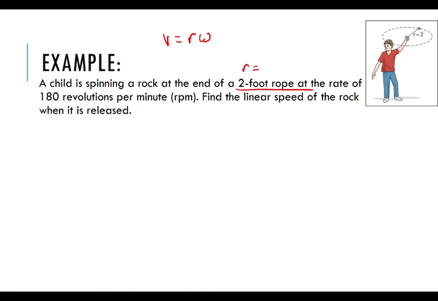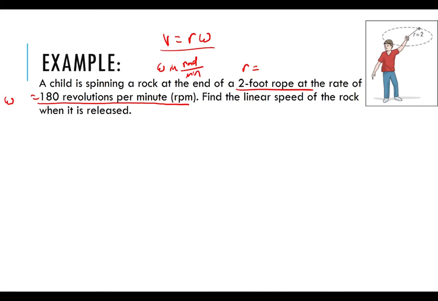That's our radius. We have 180 revolutions per minute, which is technically our omega. But notice that there's a problem. It's revolutions per minute, so we're going to have to adjust this because, remember, for this formula to work, we need omega in radians per time. So we need it in radians per minute.